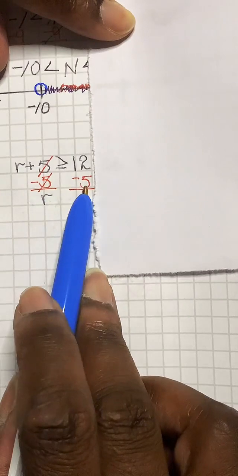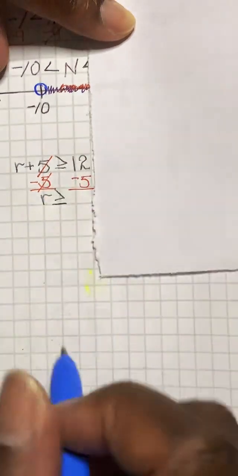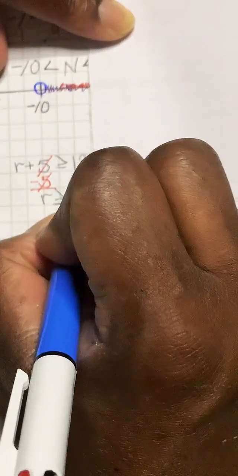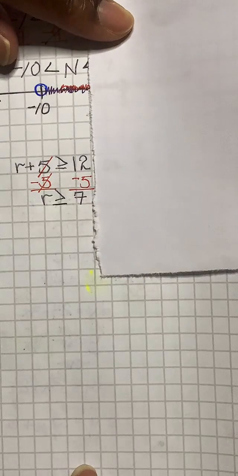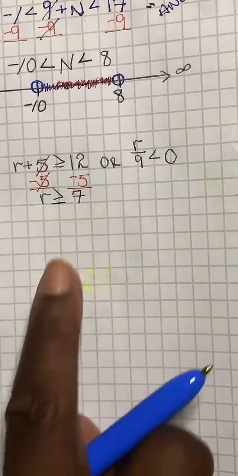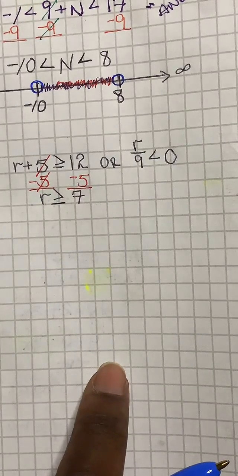Now, since I subtracted, my inequality sign is going to stay right where it is. So that's still going to be greater than or equal to 12 minus 5. We got our positive 7. Good. All right. So that takes care of that inequality.